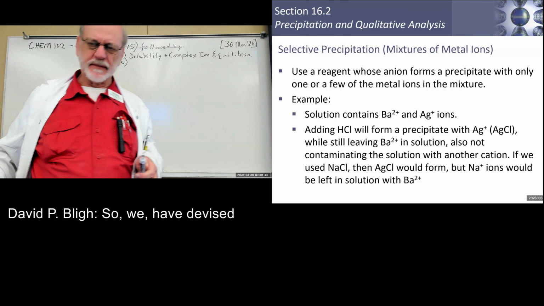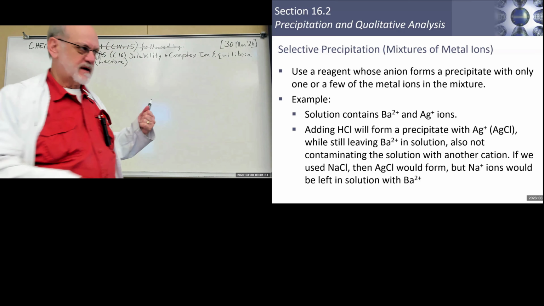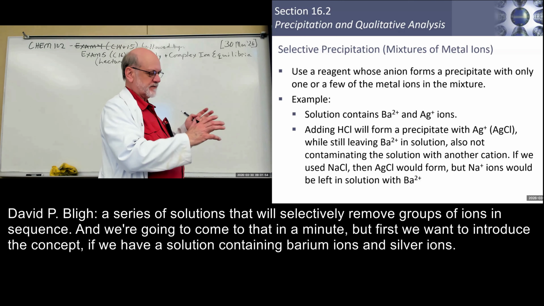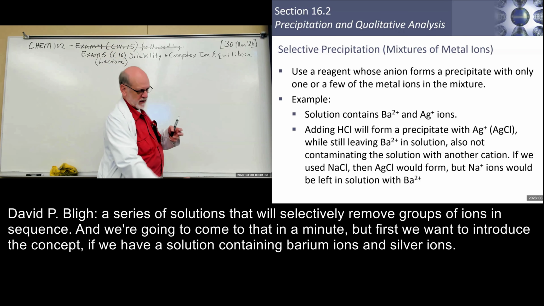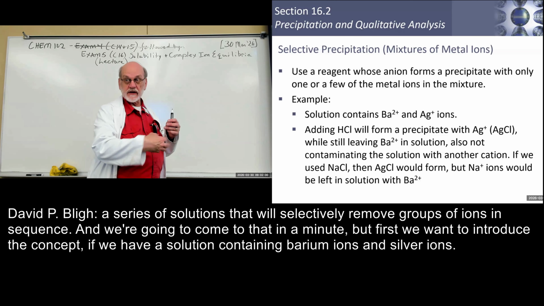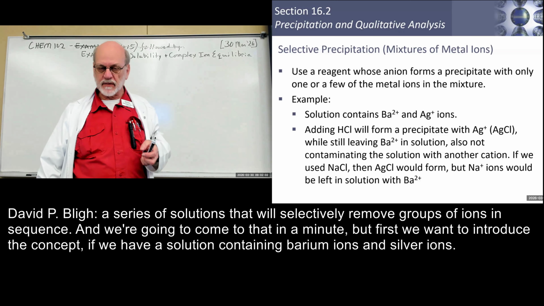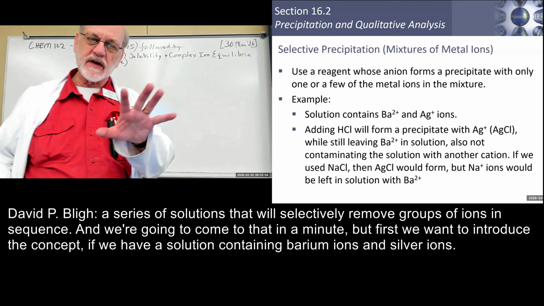So we have devised a series of solutions that will selectively remove groups of ions in sequence. And we're going to come to that in a minute. But first, we want to introduce the concept.